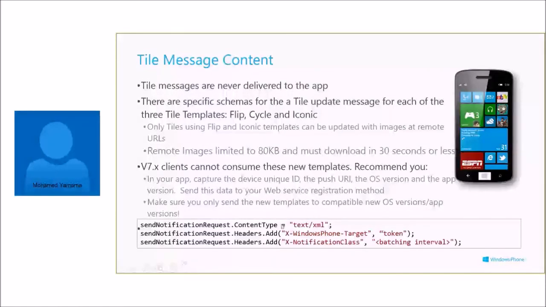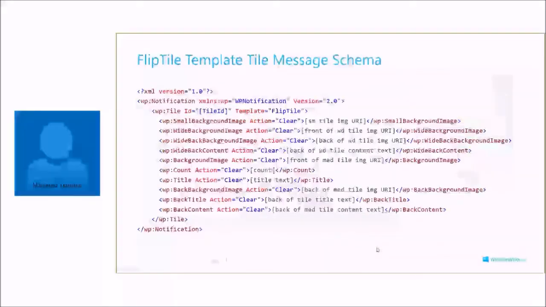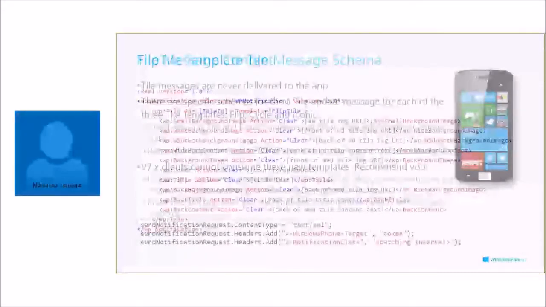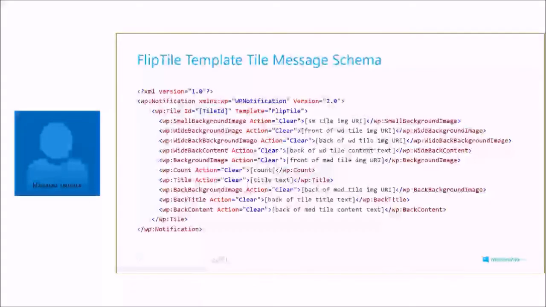So for the tile, again, the content of the message you're sending is an XML schema. You set the target of the header to be token, which means it's a tile. And then the interval is exactly the same thing: 3 for immediate, 13 for 450 seconds, and 23 for 900 seconds. And this is the message of the tile.